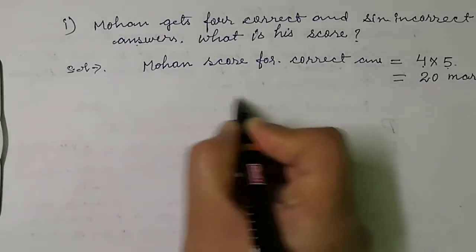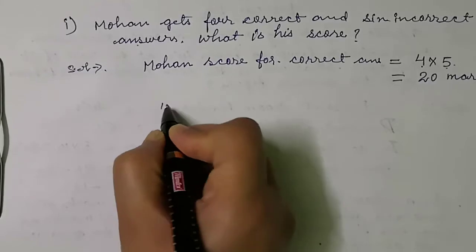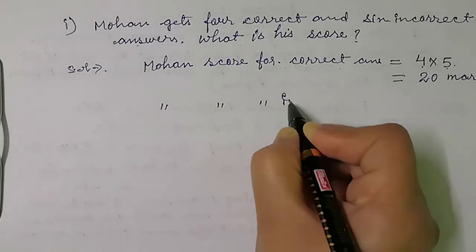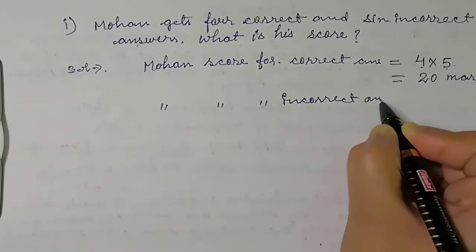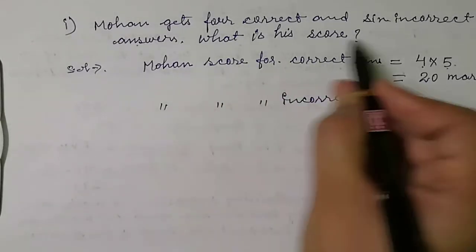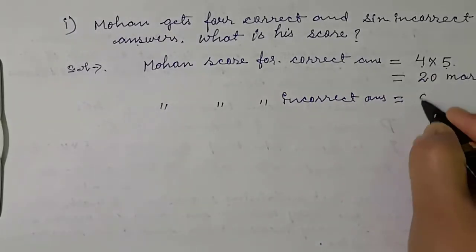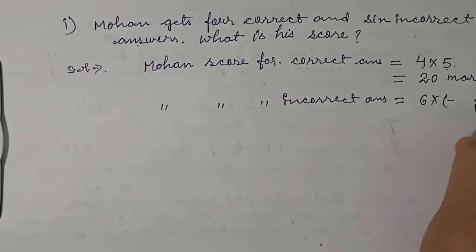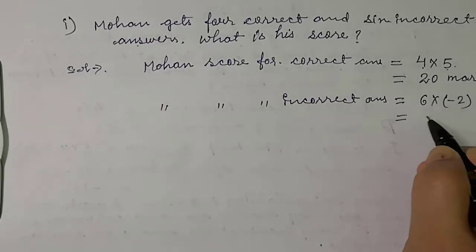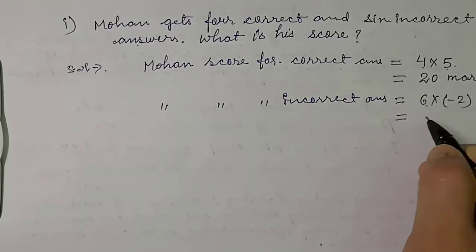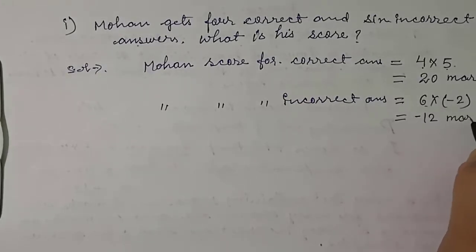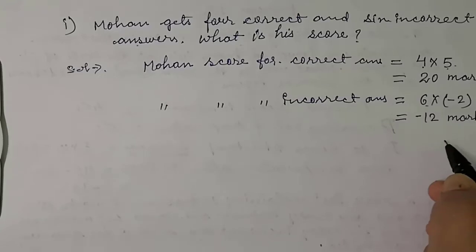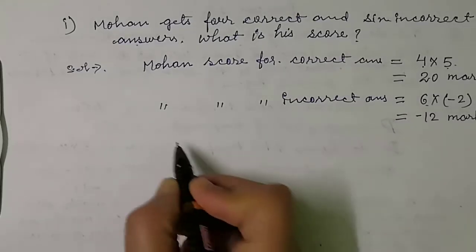Similarly, we find out for the incorrect answers. Mohan's score for incorrect answers: the number of incorrect answers is 6, and marks for each incorrect answer is -2. So here 6 twos are 12, and we put -12 marks.